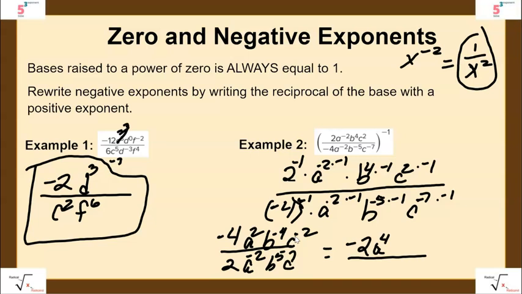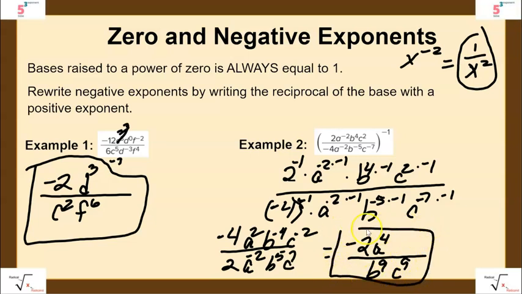But to make it a positive exponent, I write the b in the denominator with a positive exponent, so b to the 9th. And c to the negative second divided by c to the 7th: negative 2 minus 7 is negative 9. So that would be c to the positive 9 in the denominator.